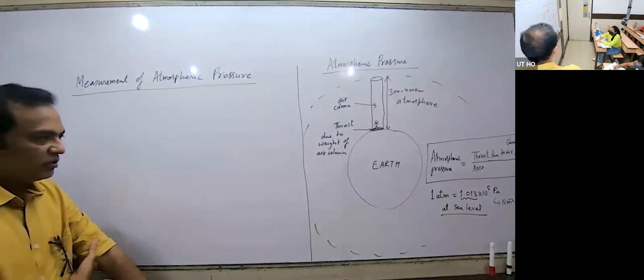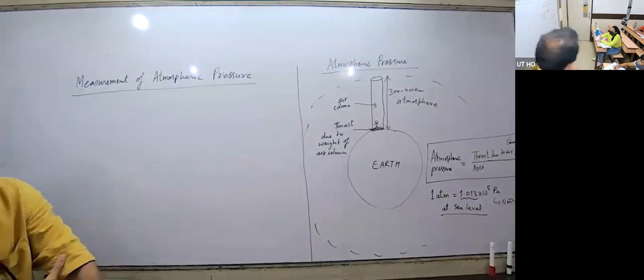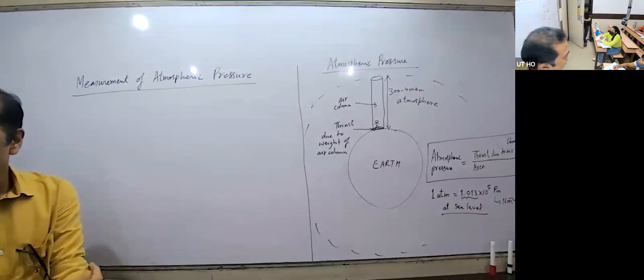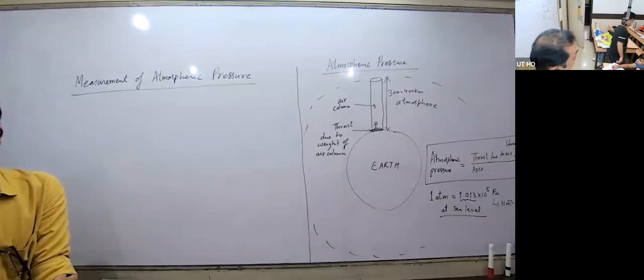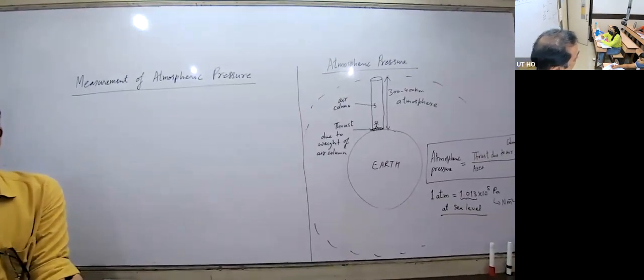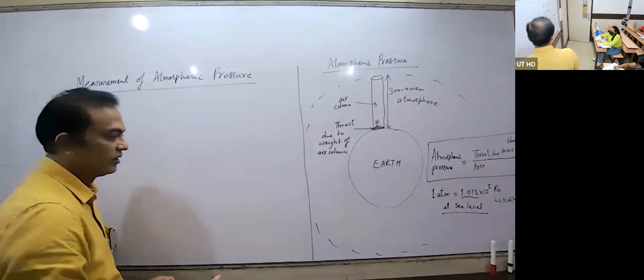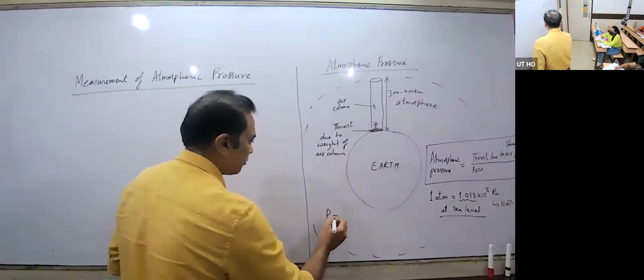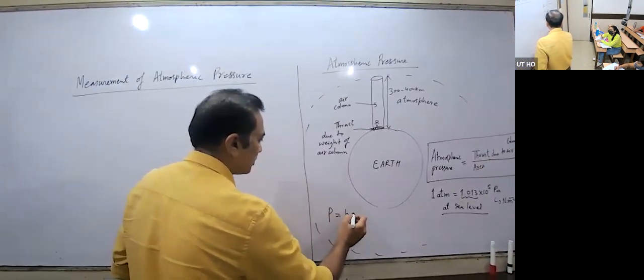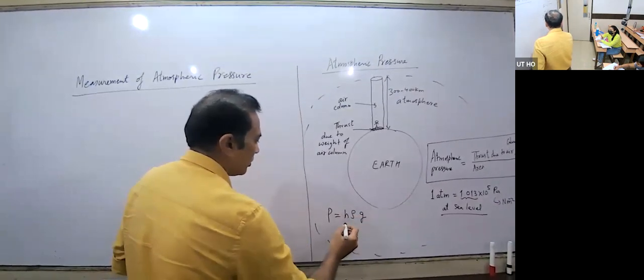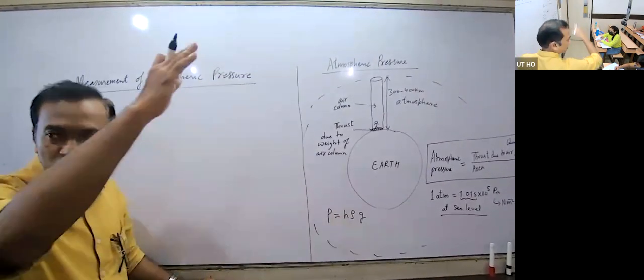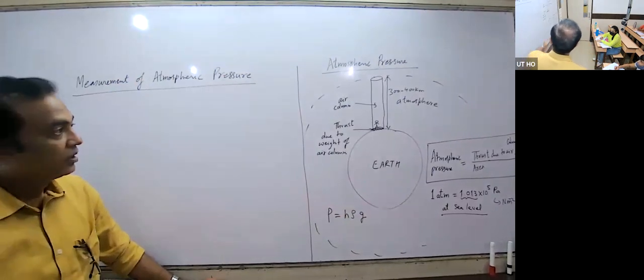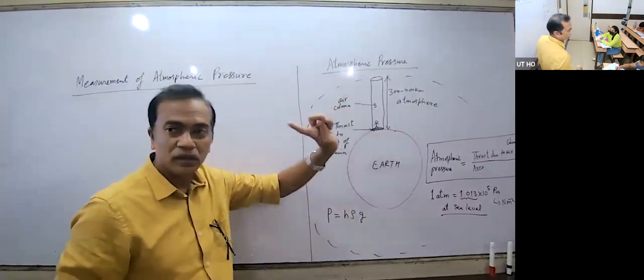Does anybody remember the formula of pressure from last class for a fluid column or a water column? Height, rho, acceleration? Yes, H rho G, right? The pressure formula we derived in the last class was H rho G, where H was the height of the liquid. Here it is the height of the air.